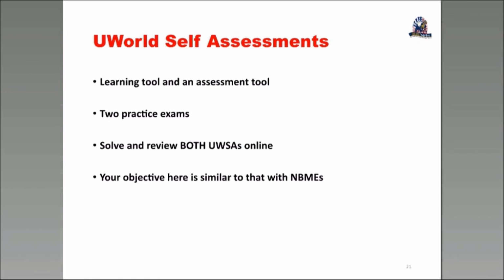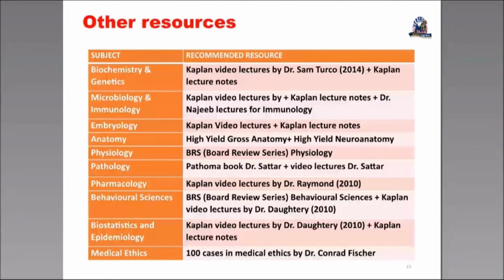Again, the predictive value can vary for both assessments, and there is no official data to support how it correlates with the actual Step 1 exam. But again, Reddit or other forums can help you find out more information if you want. The objective of these assessments remains similar to the NBME assessment. There are several additional resources and we've just listed them here.